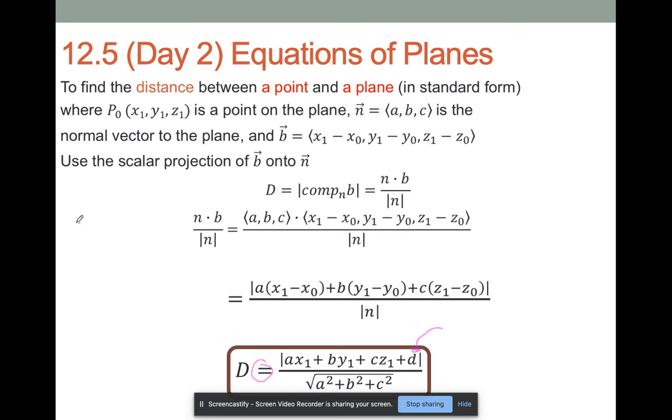The standard form is AX plus BY plus CZ is equal to little d. Well, this is a particular X, Y, and Z of a point in the plane.